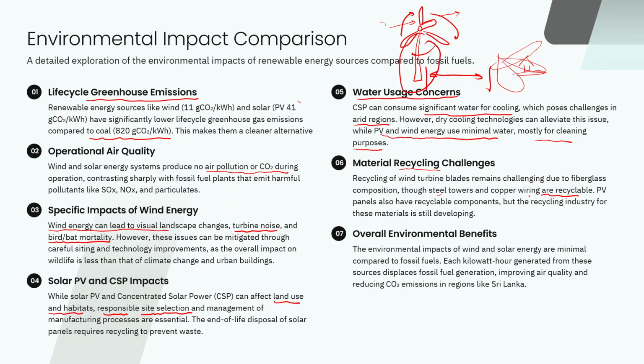If you look at the PV panels, they also have certain issues when it comes to recycling. There are some recycling components, but the recycling industry for this material is still to be developed. So the materials used to create the solar cells, how we can recycle them, there is technology available, but the industries for this purpose still have to be developed.